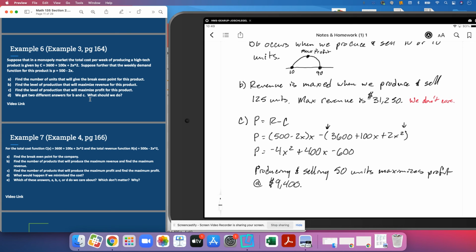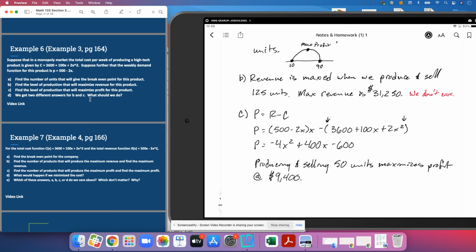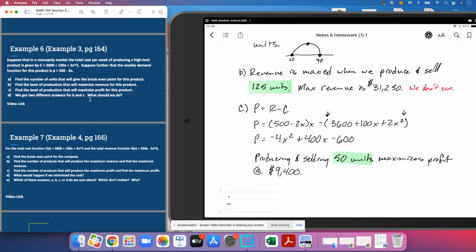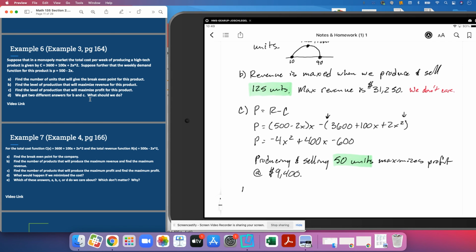B says that we should produce and sell 125 units to maximize revenue. C says that we should produce and sell 50 units to maximize profit. Which one of those should we do? Duh. Do what it takes to maximize profit.